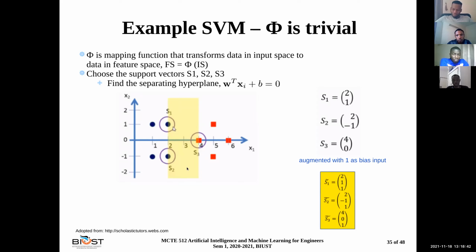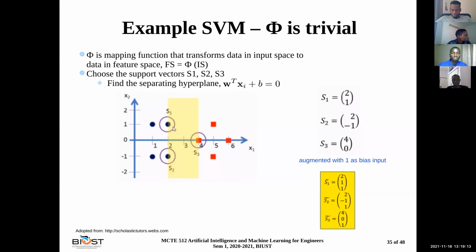These dots are our inputs. So in this case, 1, 1 is an input. This is 2, 1. This is 2, minus 1. This is 1, minus 1, and so on. Those are our inputs, and so this is the input space.